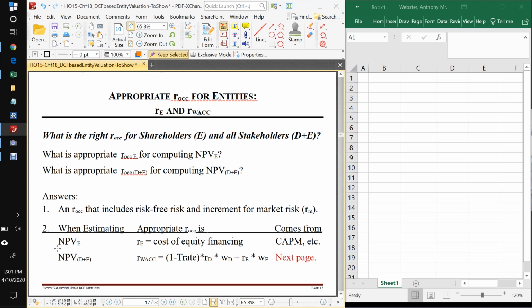And in general, when we're valuing a firm, trying to get an NPV for owners, the appropriate opportunity cost of capital is going to be called RE, and that's called the cost of equity financing or the cost of equity capital. And guess what we use for that? Oh my God, I'm sad to say, we typically use CAPM for that, even though we know it's not great. And just parenthetically, I didn't spend too much time on this, but we also spent a lot of time with the opportunity investment model.